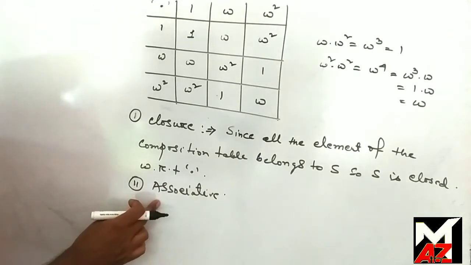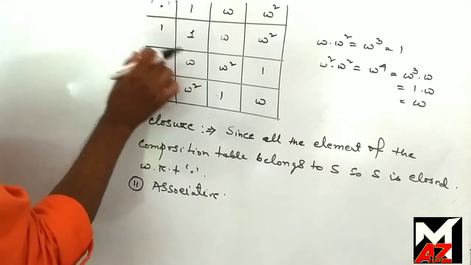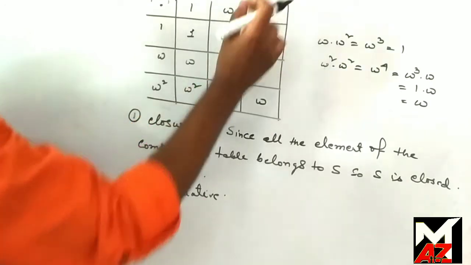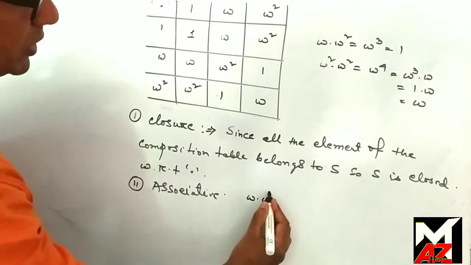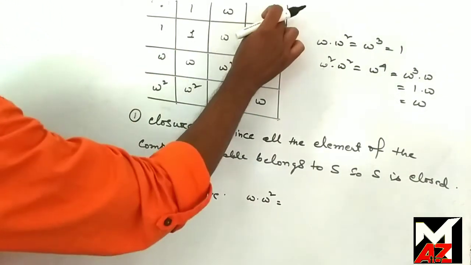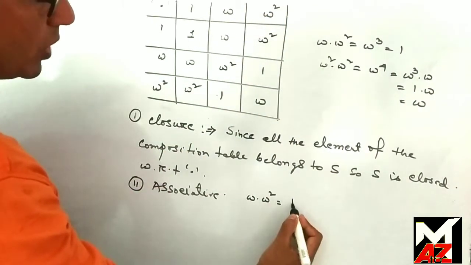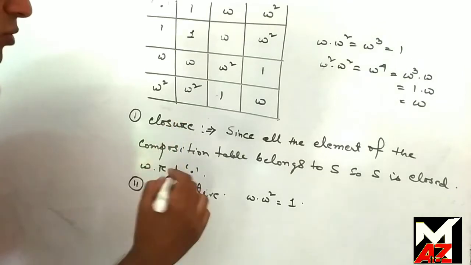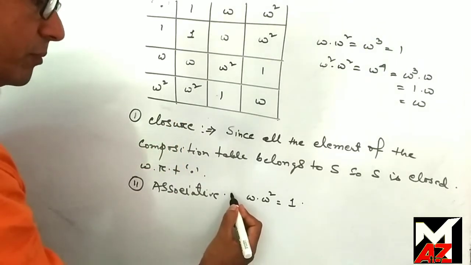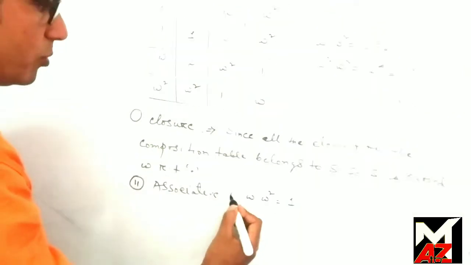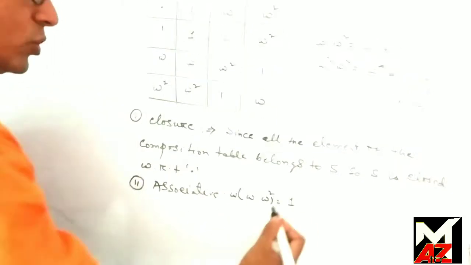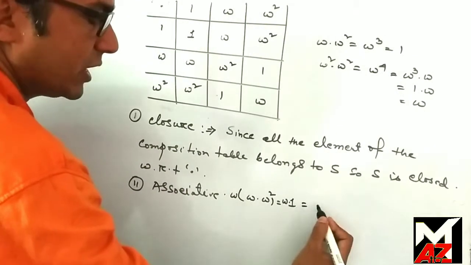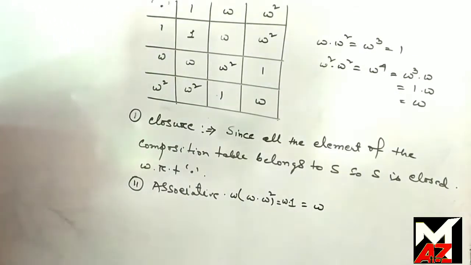Here we see omega into omega square gives the result 1. Now if we multiply this by omega, we get omega.